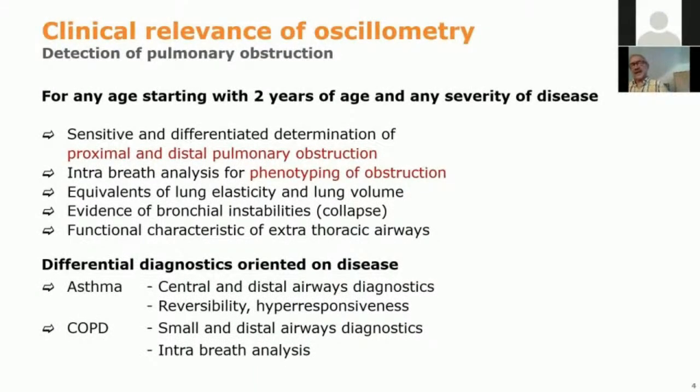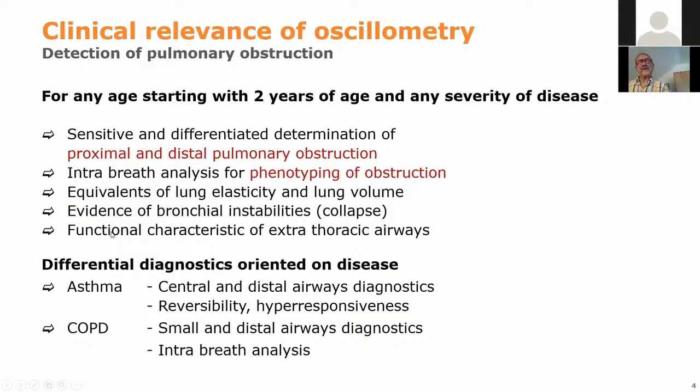This is lung reactance. And as soon as the lung volume is decreasing because of inhomogeneity of the lung, for example, this is reflected in the parameter lung reactance. And that's also interesting, you have the evidence of instabilities in the bronchial system, for example, collapsibility.